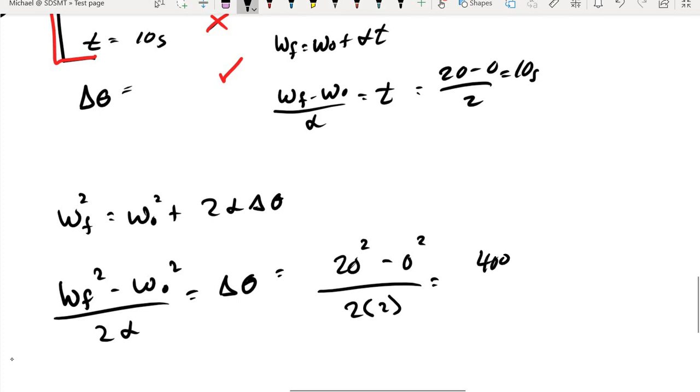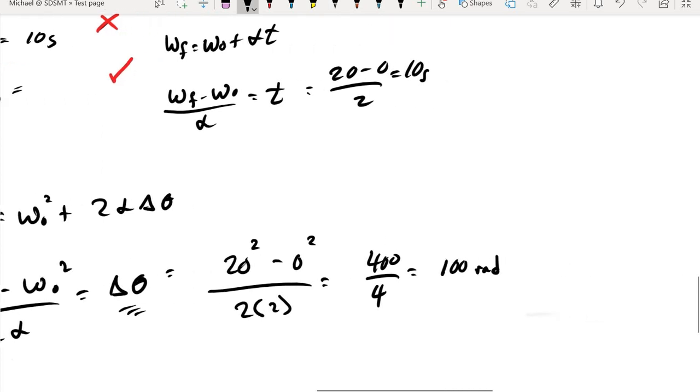And that's going to give us 400 over 4, or 100. And remember the units for theta are radians. So we have an angular displacement of 100 radians.